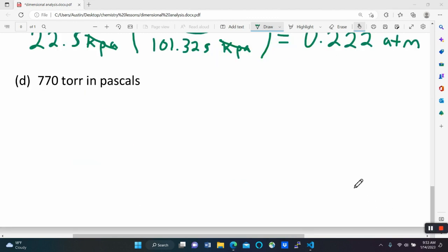Last but not least, we're asked to express 770 torr in terms of pascals. And you're also given two different conversion factors to solve this problem.